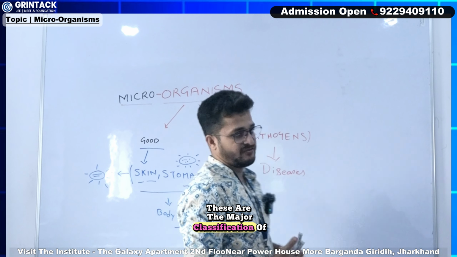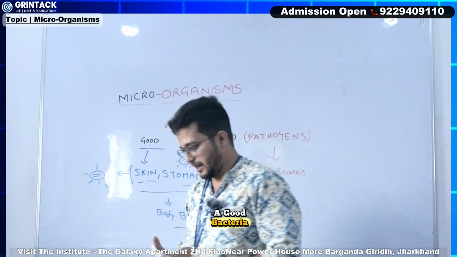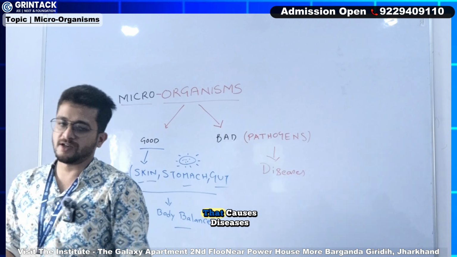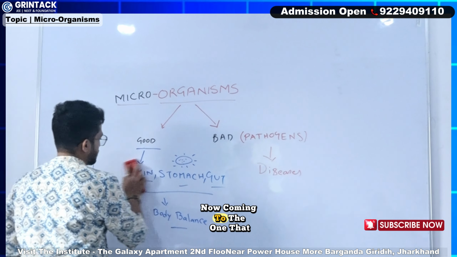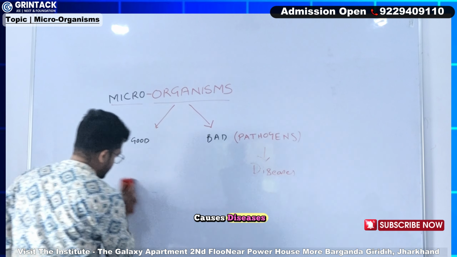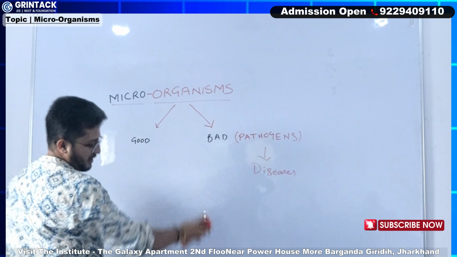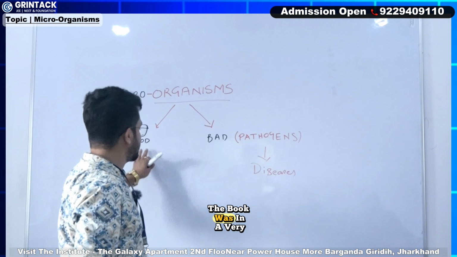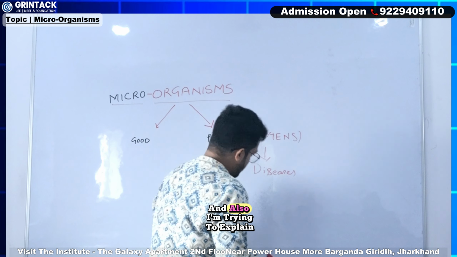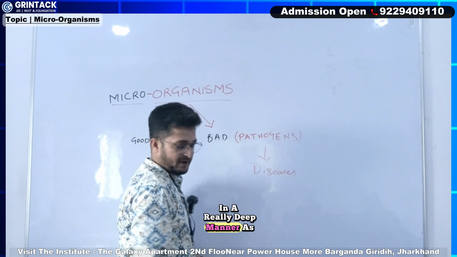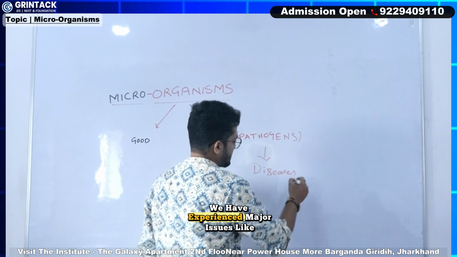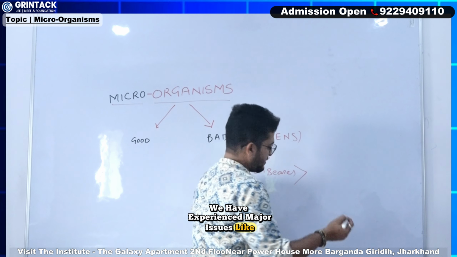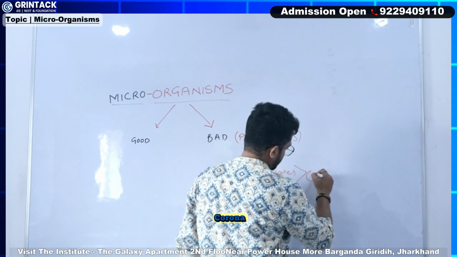So these are the major classification of good bacteria and pathogens. The pathogen is the one that causes diseases. I am trying to explain the good ones and the disease-causing ones in a very big manner. Recently we have experienced major diseases like corona.